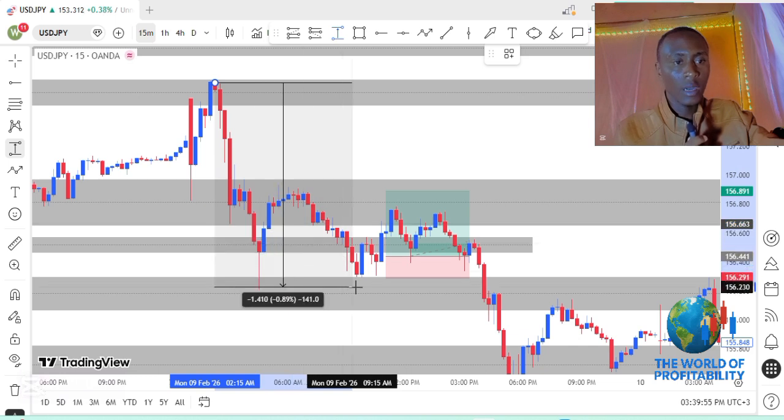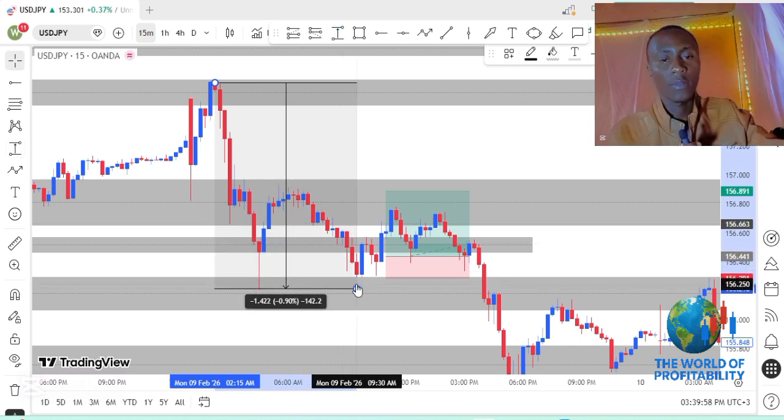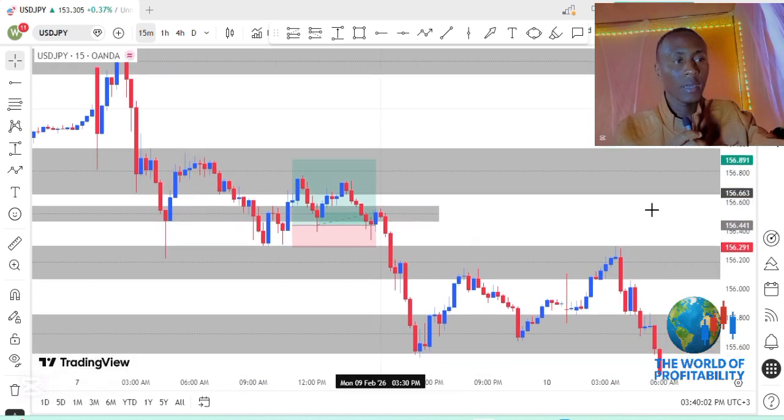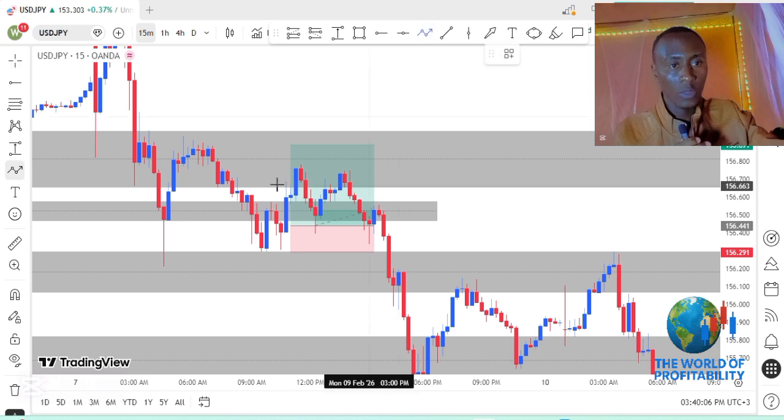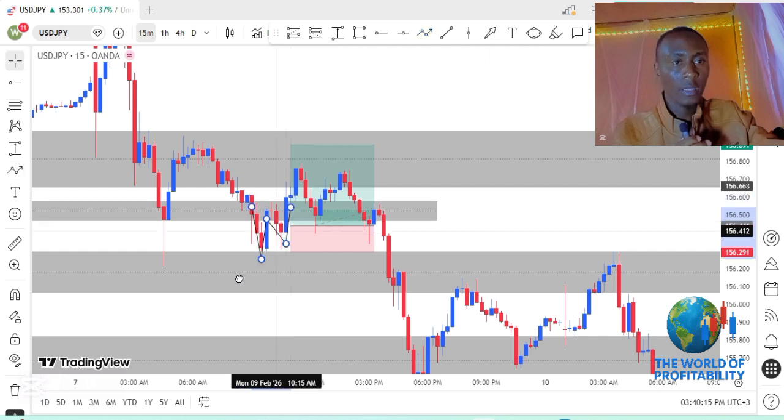It did quite a big pullback of about 142 pips. After that pullback, what I want to see is a W pattern as usual, which formed very well over here. Some sells, some buys, some sells, and then buys, which closed above the neckline.